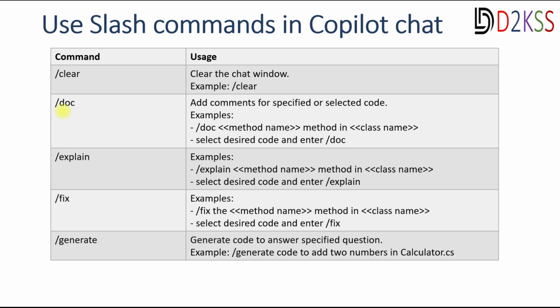So how does this doc command help the programmer? It adds comments for the specified or selected code. For example, as per the standard approach, when we create any method, on top of that we add comments: what is the purpose of this particular method, what input parameters we are passing, and what output it is returning. We write that kind of documentation for each method.